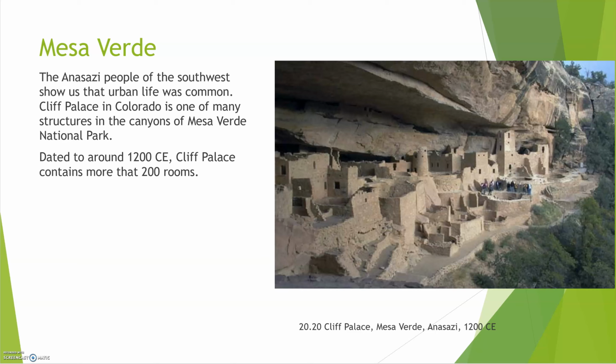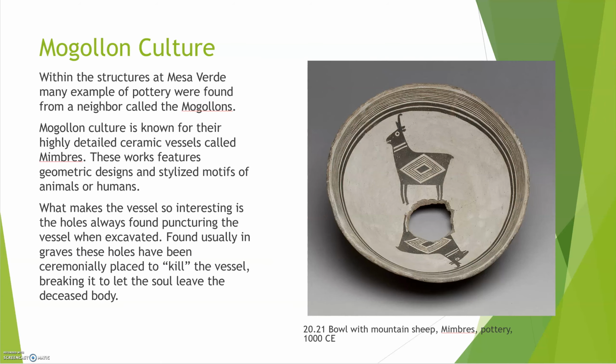That kiva would have a central portal above that would allow a ladder to go from the subterranean level to the upper level. But you'd cook, you'd sleep, everything in these kivas. So we see a link between a lot of the Southwest cultures because of that kiva structure. I highly recommend taking the trip this summer if you can, down to the Four Corners area and seeing some of these ruins. They're very, very beautiful.